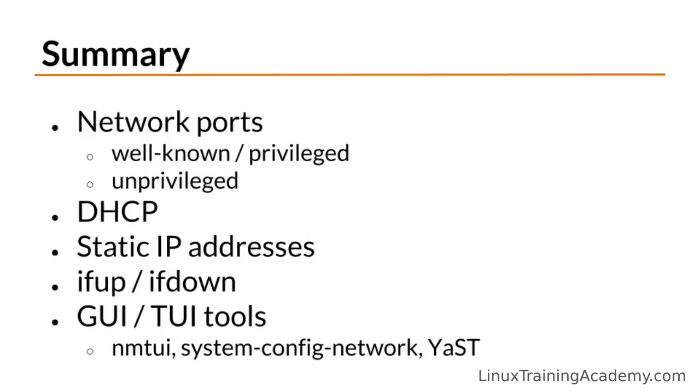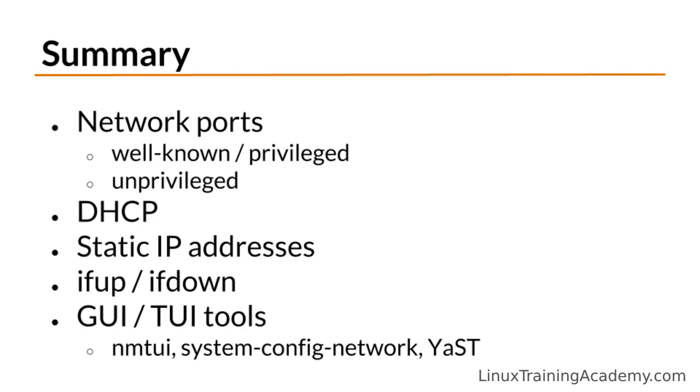In this lesson, you learned about network ports and how super user privileges are required to open ports below 1024. These ports go by two names: privileged ports and well-known ports. Ports above 1024 are unprivileged ports and can be opened by normal users on a Linux system. You also learned that the primary purpose of DHCP is to assign IP addresses to hosts on a network.